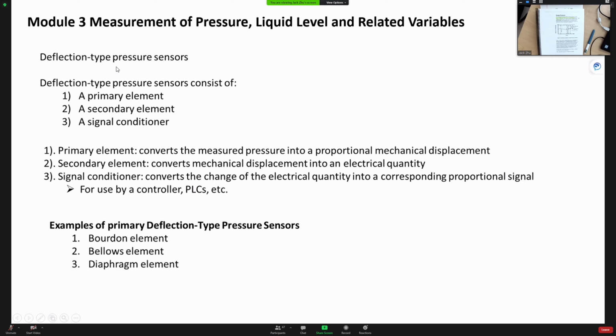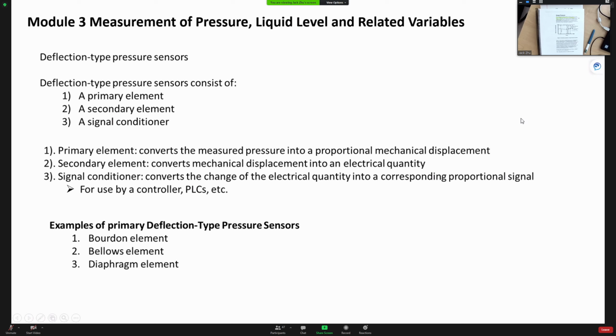For a deflection type of pressure sensor, we need three components. One is called a primary element, one is called a secondary element, then we have a signal conditioner. The primary element converts the pressure into a proportional mechanical displacement.